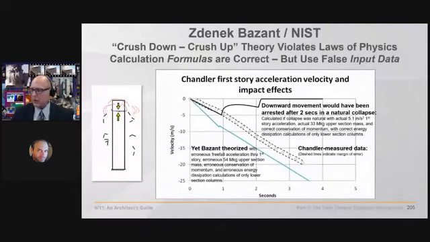In reality, what you have is a downward momentum that would have been arrested, as David Chandler shows in his calculation. Actually, that's Tony Szamboti. David Chandler measured the data that shows from the videos that the building came down almost at near free fall, and the Bazant theory actually shows it even coming down.